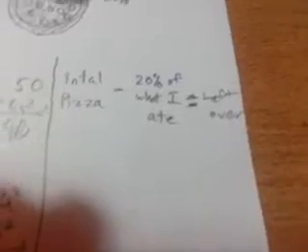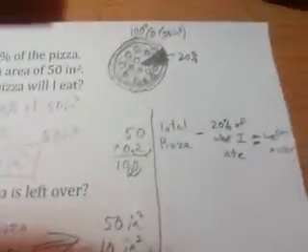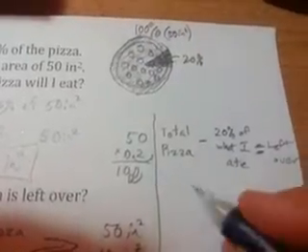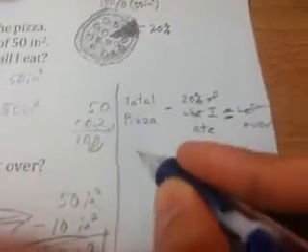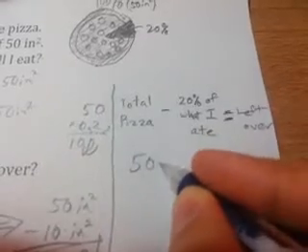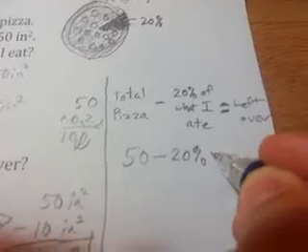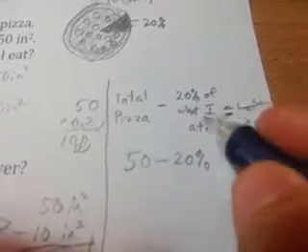So what was the total pizza? Well, in this problem, what was the total area? It was 50 inches square. So I'm going to write this as 50, and I'm subtracting 20% of what I ate. Wait, but how did I figure out 20% of what I ate?